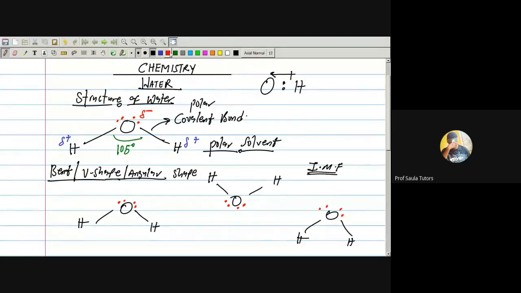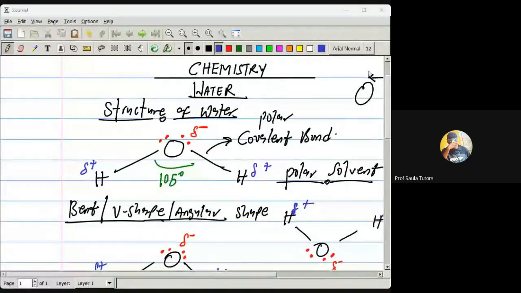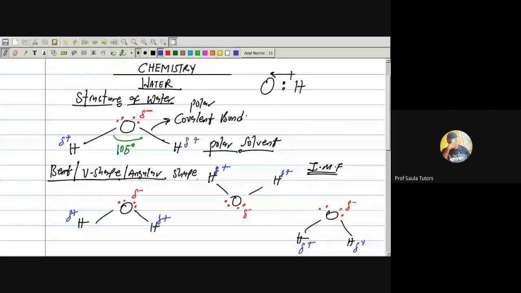Now, pay attention. Don't forget that oxygen is negative, while the hydrogen is positive. But don't forget this particular law in physics that states that unlike charges always attract each other.